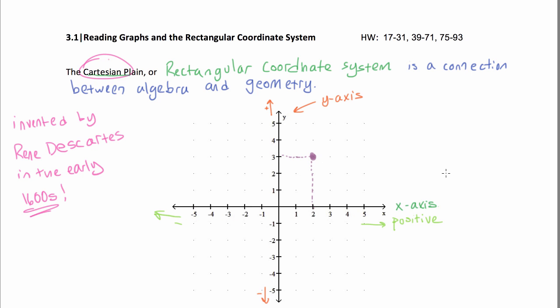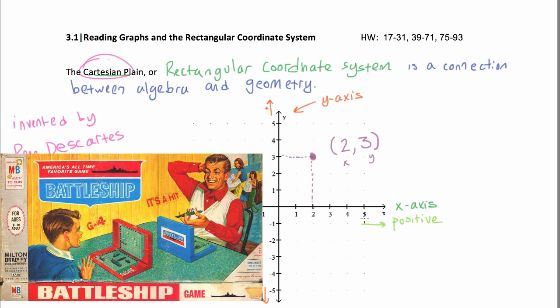So we can label this point as (2, 3). I'll talk a little more about the way these ordered pairs work soon, but it's always going to be the x-coordinate and then the y-coordinate. So every single point is going to line up with two things. If you've ever played the old game Battleship, it's a lot like that.